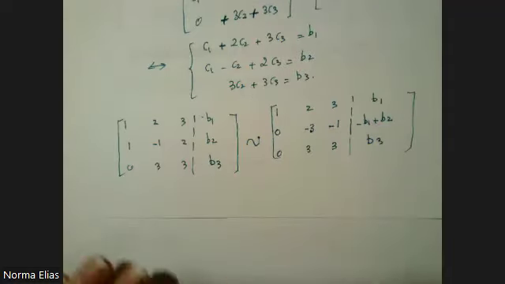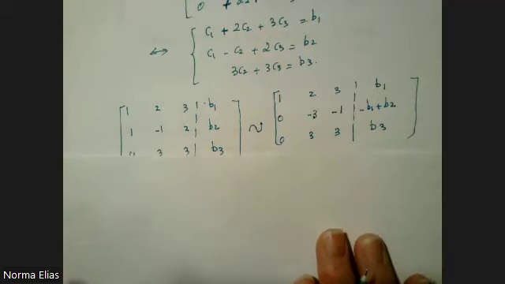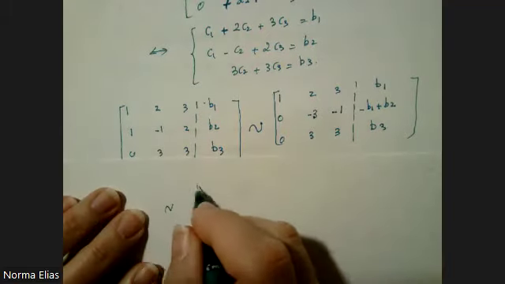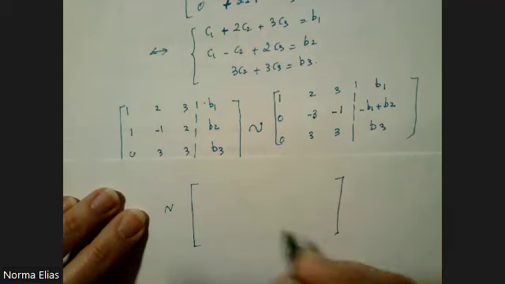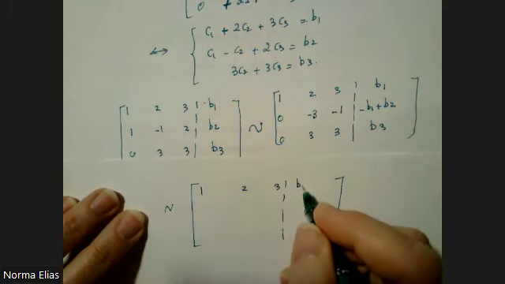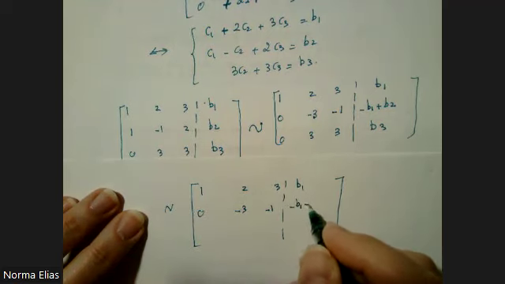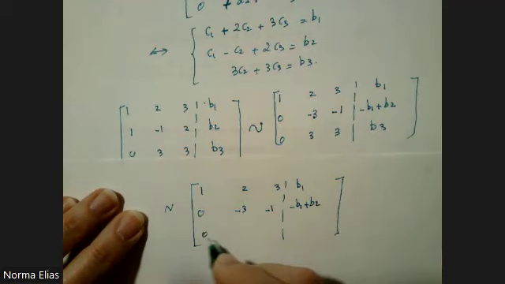Okay, I'm going to go one more step, and I will be at the echelon form, and I can decide. So finally, this is equivalent to 1, 2, 3, that's my B1, 0, minus 3, minus 1, 0, 0, 2, B3.